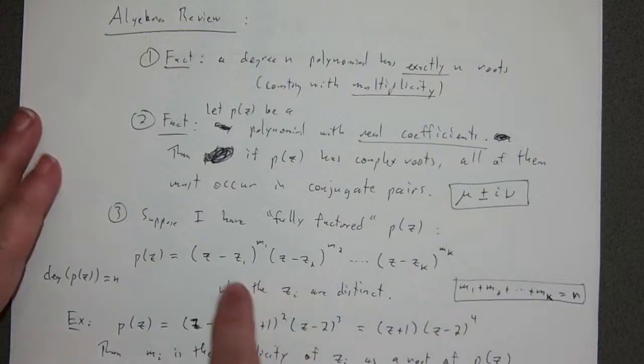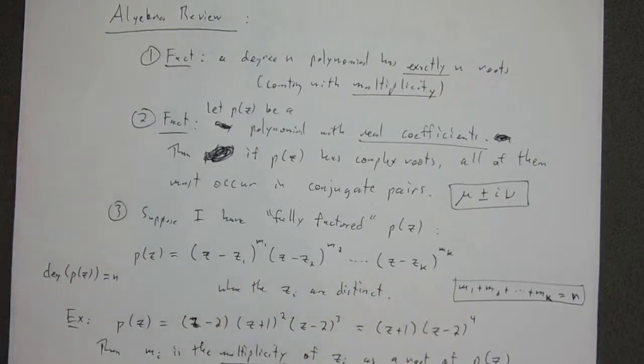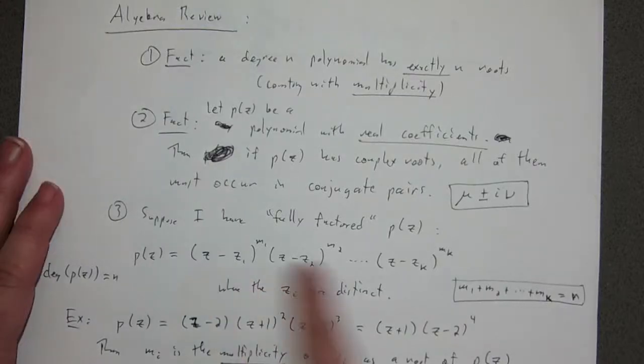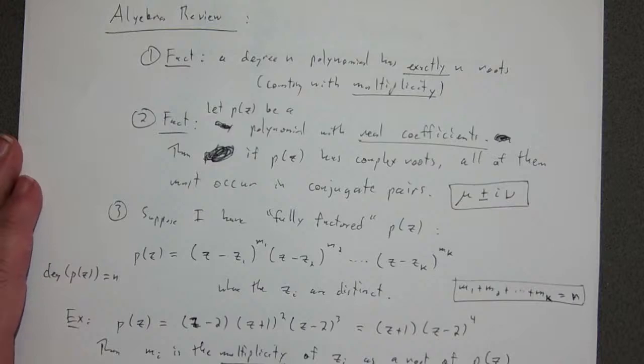Say that you either have this thing fully factored, or I just give you a list of the roots. If I give you a list of the roots exhaustively, then I'm going to list them with multiplicity. So in the list, a root that has multiplicity greater than 1 would be listed multiple times, okay? But anyway, let's say I give it to you in fully factored form so that you can read off the roots.